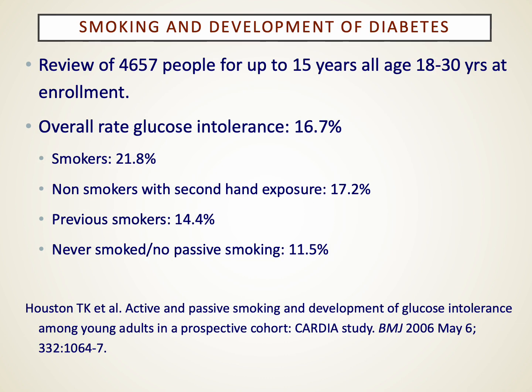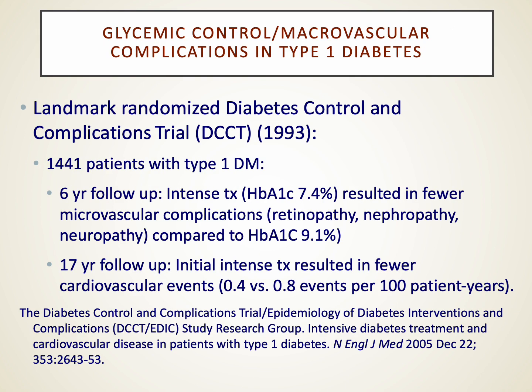We also want to look at other lifestyle issues like reduction in smoking. Smoking clearly has an effect on glycemic index and glycemic control as well. As we look at all of these issues, there's also data in addition to the lifestyle issues of diet, exercise, and quitting smoking, that for patients who have good glycemic control, good control of the hemoglobin A1C, they have considerably fewer micro and macrovascular complications as well.